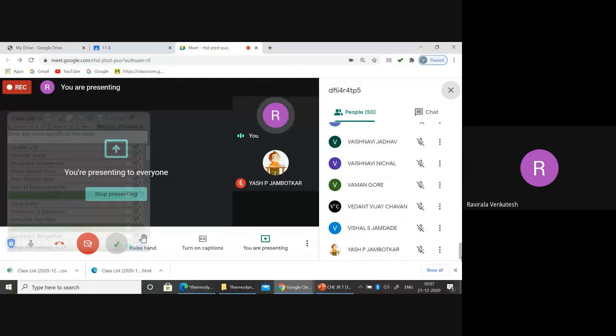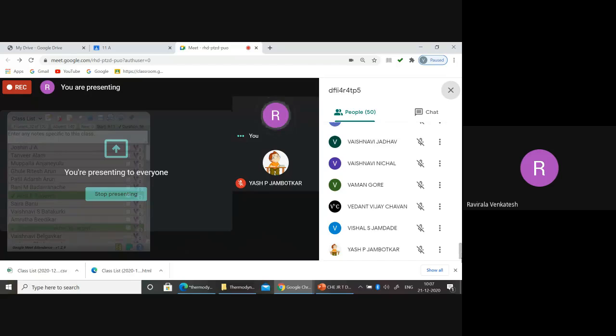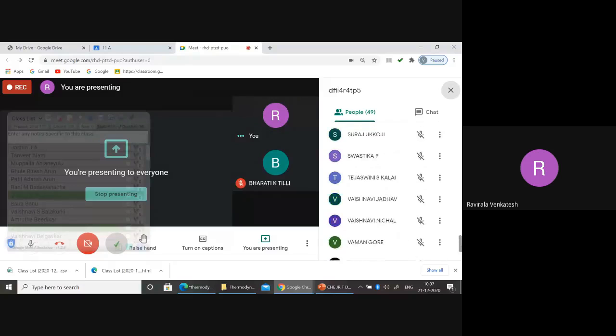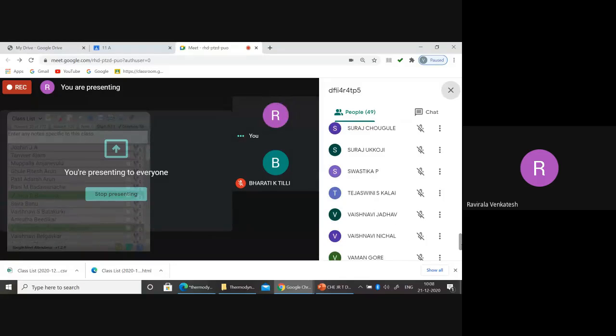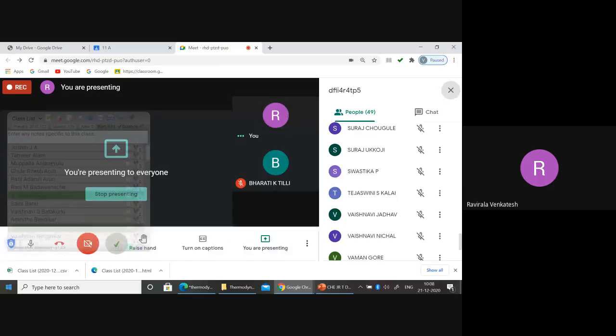Just I'm reading the absentees' names, beta. Bharati is there. Umesh absent. Triambak absent. Manoj absent. Apurva absent. These are the absentees today, beta.